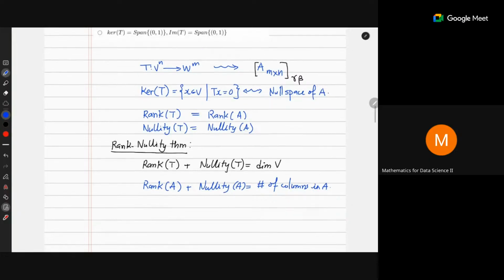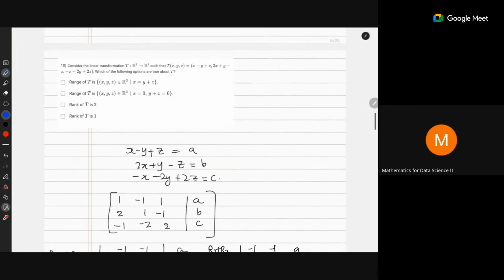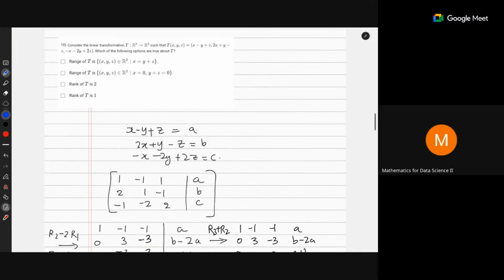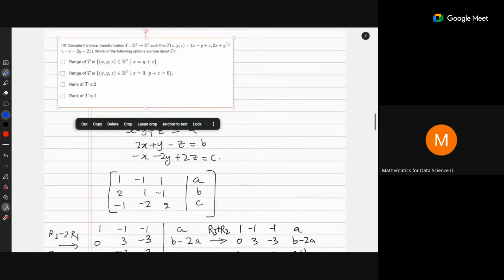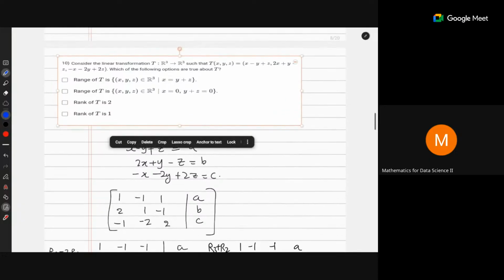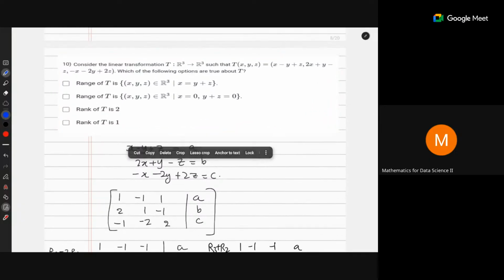Okay, so now let's move on to this question. In this question, consider the linear transformation T from R3 to R3. T is given to be, let me enlarge this question. Is it visible to everyone now? Okay, so let me know what is the correct answer.